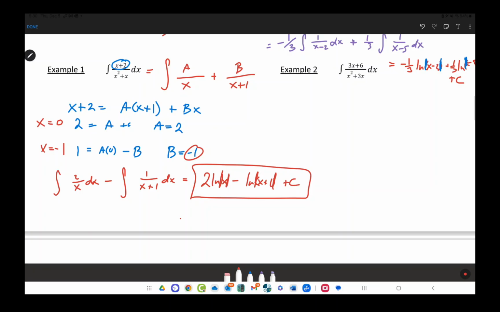Because it was plus and negative, which is minus.